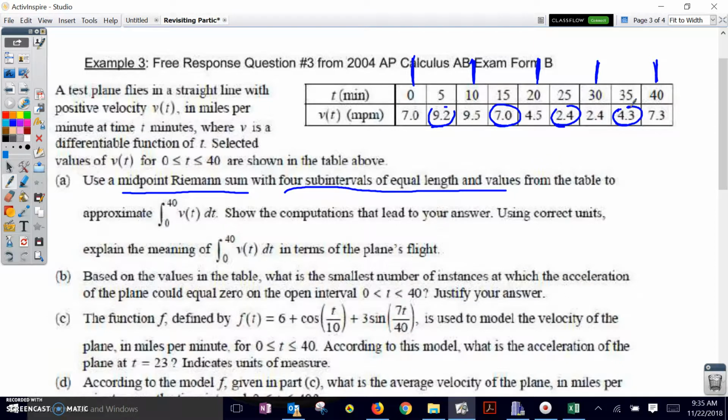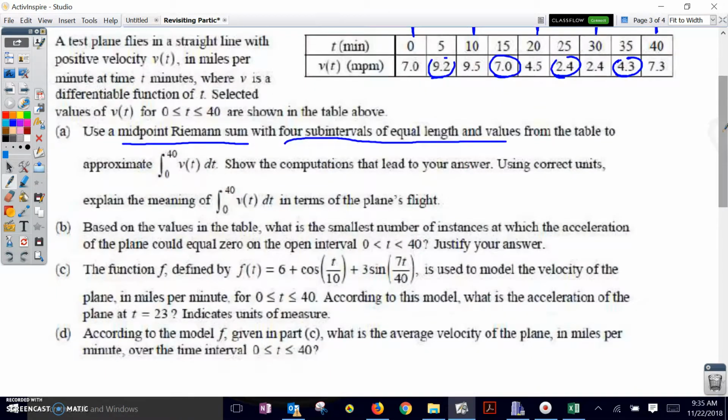Alright, so to approximate this value, we're going to have our width of 10 times the height of each of the rectangles, and we can just factor the 10 out in front since it's a uniform width. We've got 9.2 plus 7.0 plus 2.4 plus 4.3, and now we'll do the calculations.